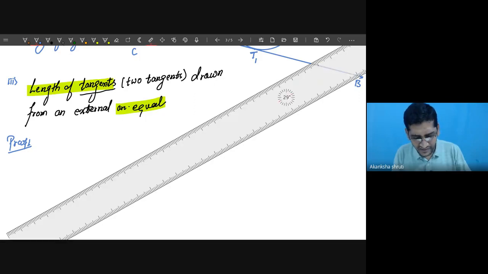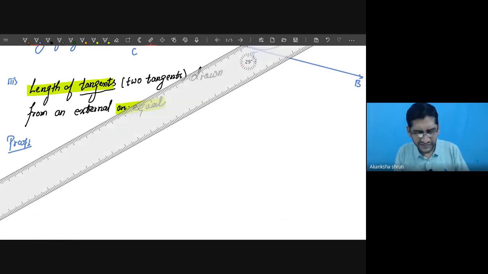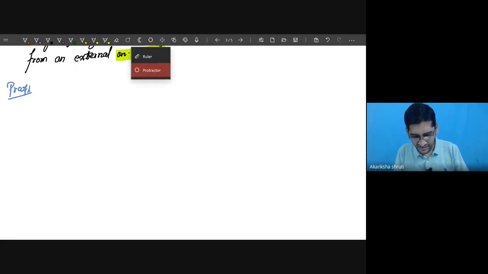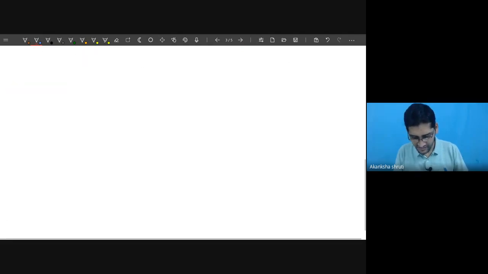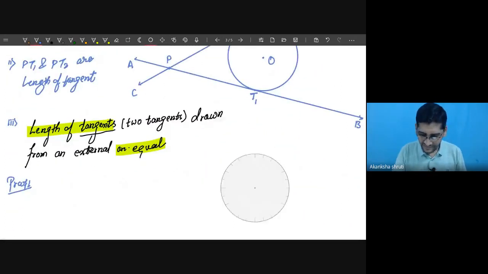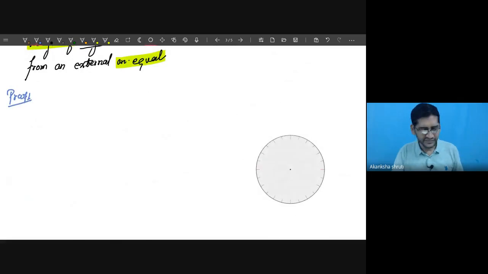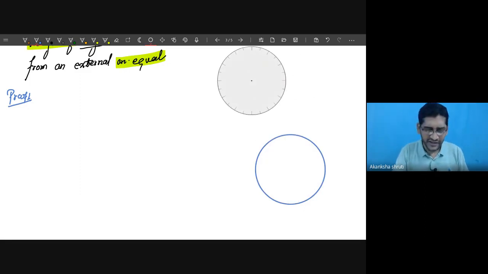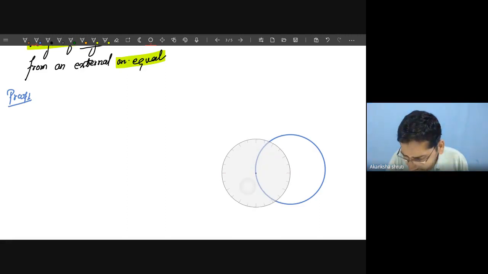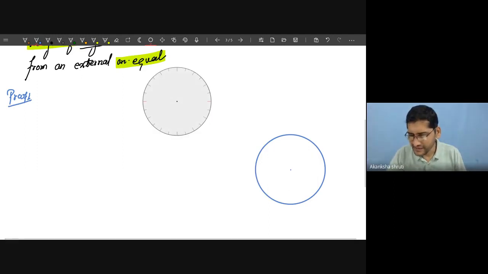So let us take a circle. This time we will not draw the entire line, rather we will draw only the point P and the length of tangent that we can take.